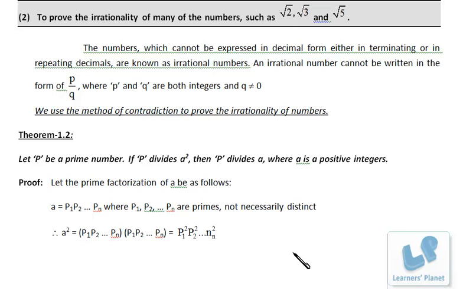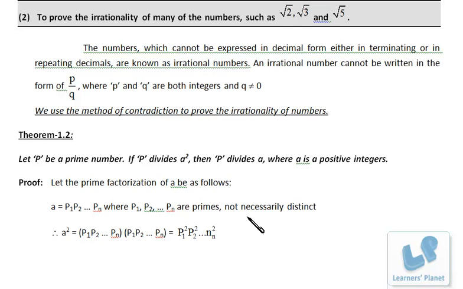Now let's discuss the proof, and this proof will not be asked in the examination. It is just given in the NCERT textbook, so I'm discussing it over here. So here, see, we take any number, maybe a, right? And a number can be factorized, and the factors of a are p1, p2 till pn, right? Where p1, p2, every number is a prime number, right?